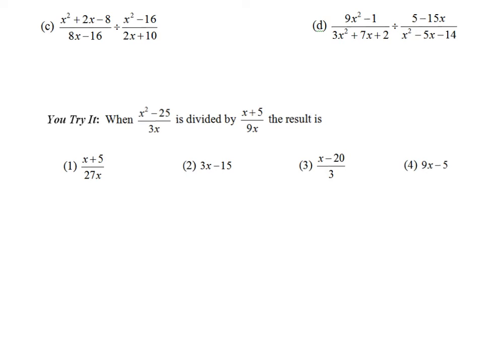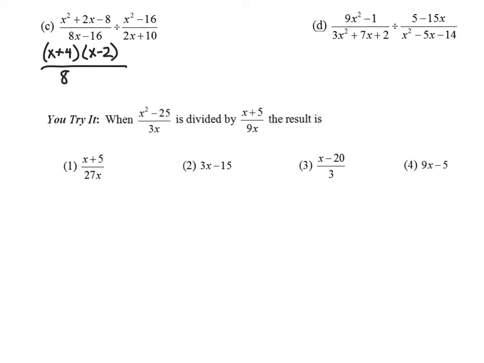Now let's see what happens when we have polynomials. I'm going to take the second step as I also do the keep, change, flip part. So x squared plus 2x minus 8, let's factor that right away into x plus 4 times x minus 2. Notice that the first fraction stays the same. I just want to go ahead and factor.